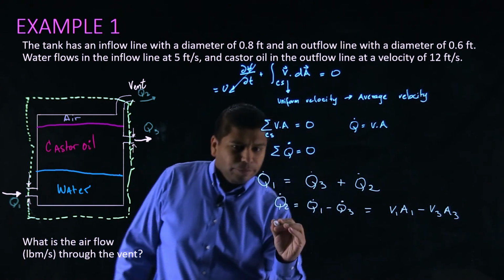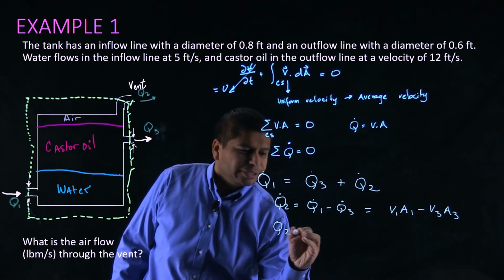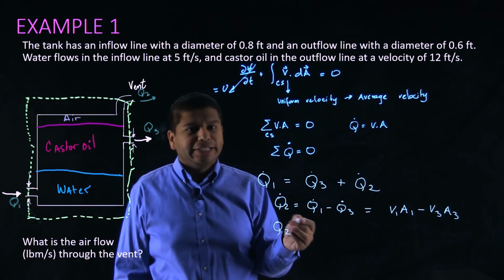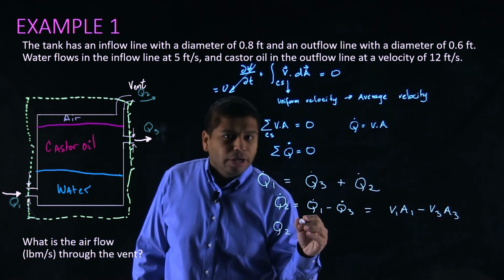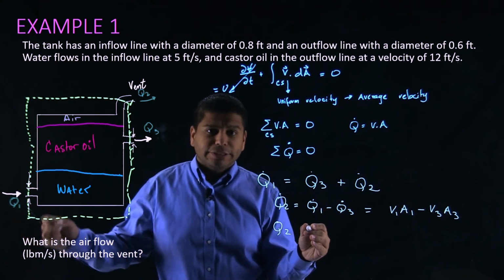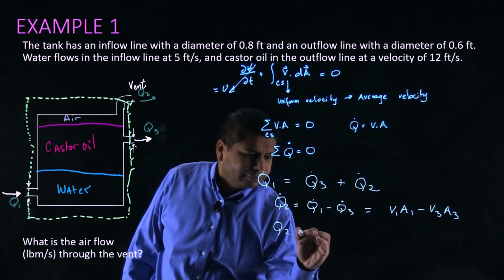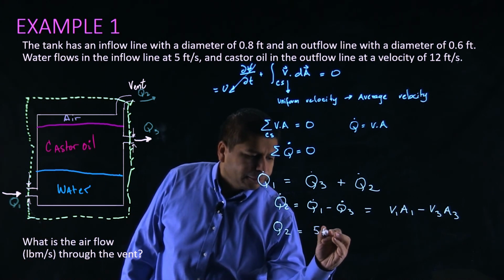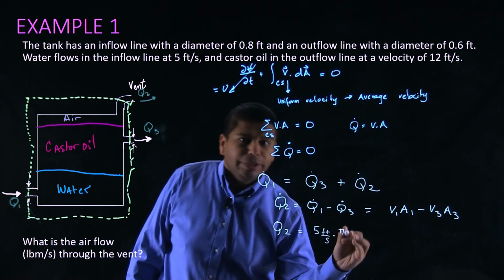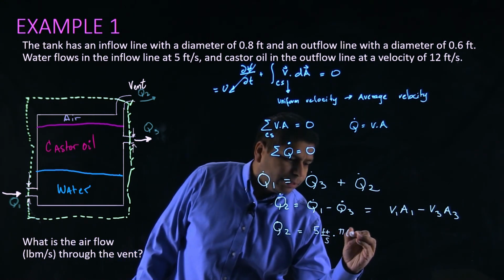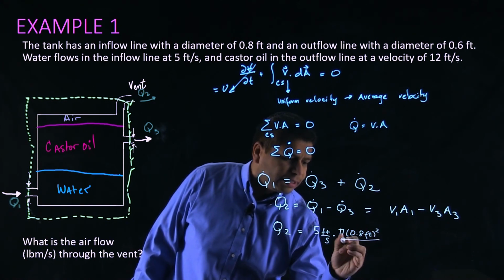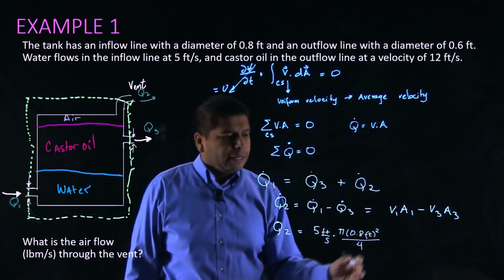This helps because we know the area of a pipe is pi d squared over 4. The velocity of the fluid coming in was 5 feet per second, and the area is pi times the diameter, 0.8 feet squared, over 4.